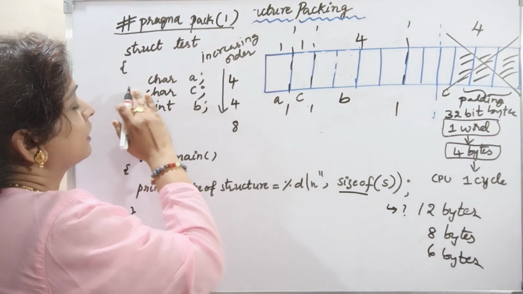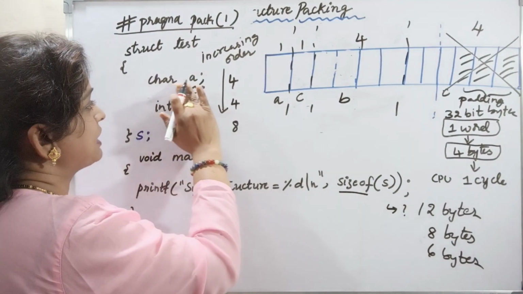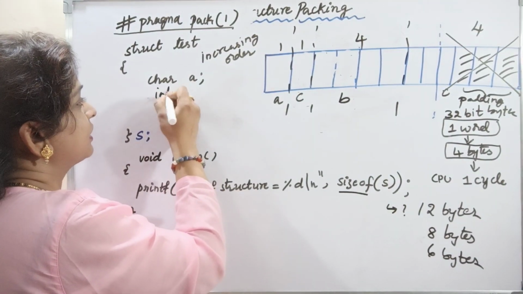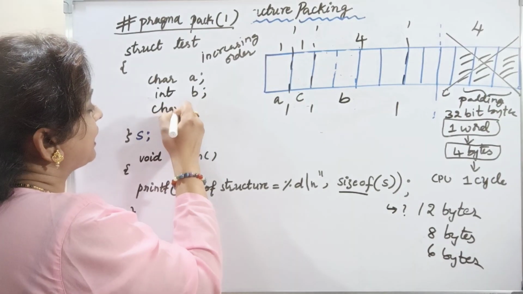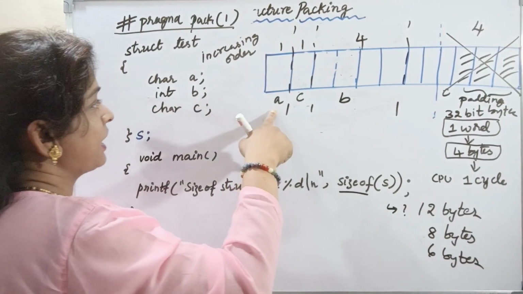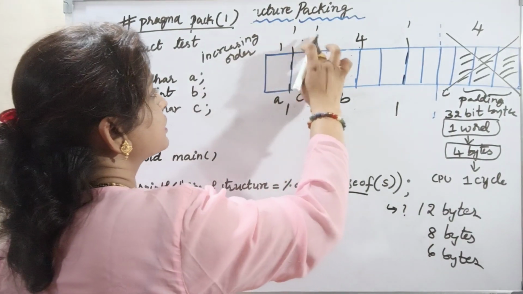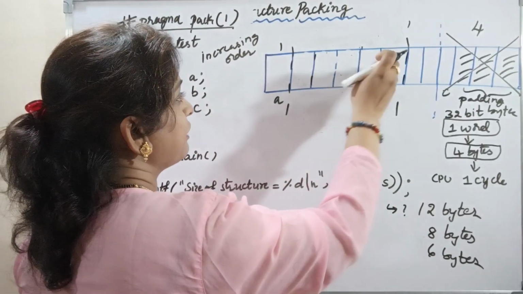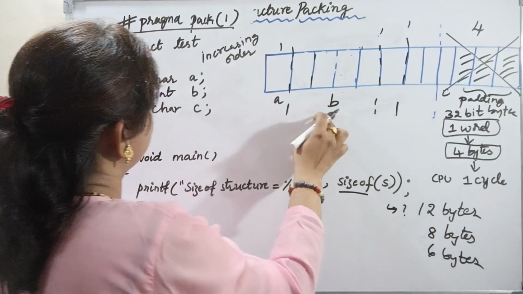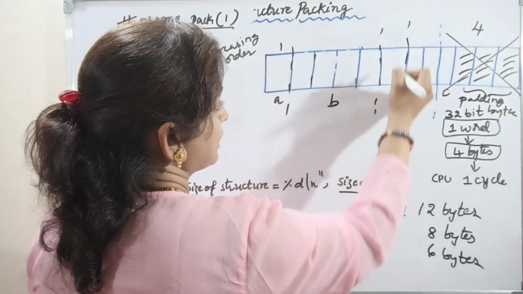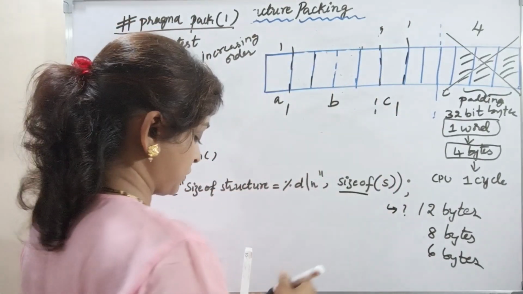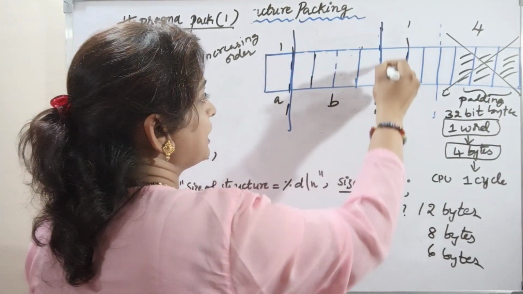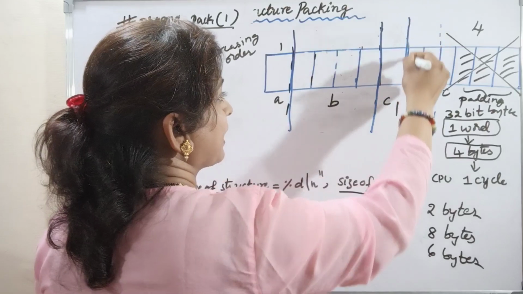If I fail to arrange in increasing order also, say I just say character A, then integer B, then character C. Character A is 1 byte, then integer is 4 bytes, 1, 2, 3, 4, for B. Then for C, 1 byte.